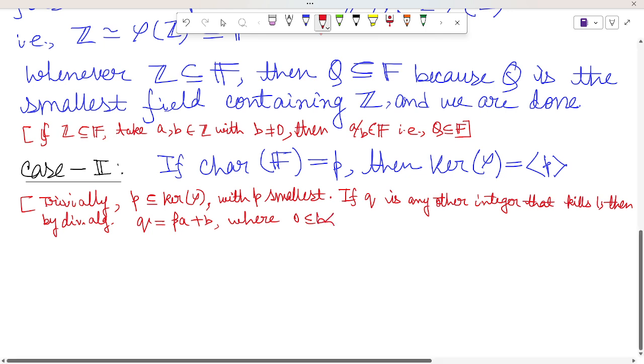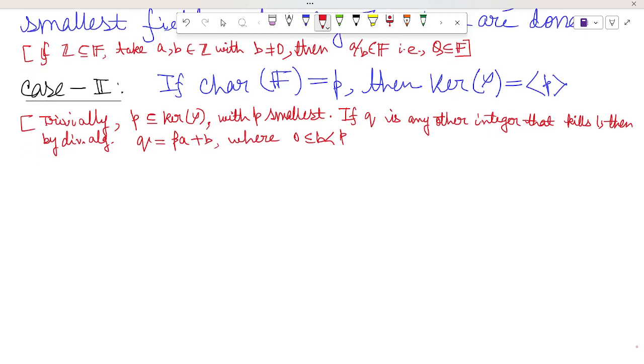Now it kills 1_F, passing through 1_F. This is an integer, so we can apply phi to both sides.